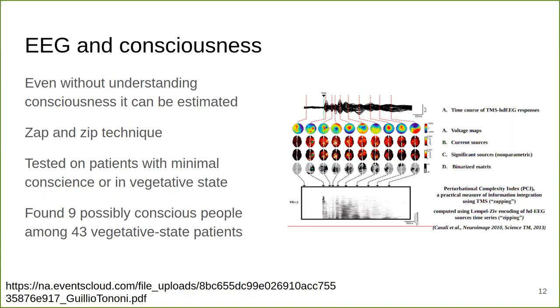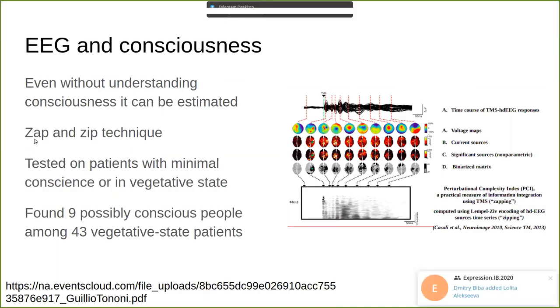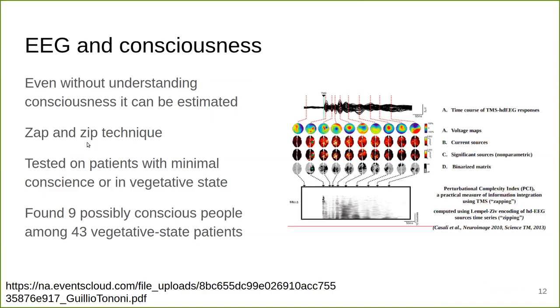We do not really understand right now what consciousness is, but we can have some kind of a working estimate for this. And the technique in question is called ZAP and ZIP. ZAP here stands for the fact that you need to stimulate the brain by some kind of a direct current stimulation or magnetic stimulation, and then you record the activity of the brain and use some kind of compression algorithms to then estimate the complexity of the response.